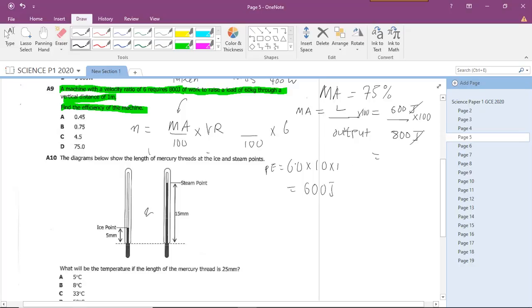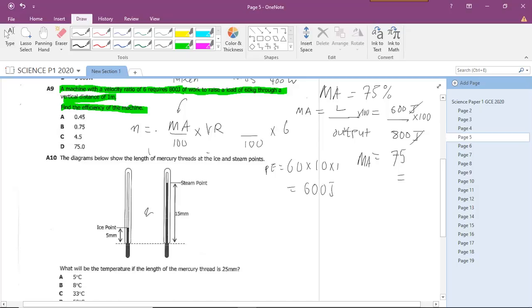Potential energy, mass times gravity times height, is 600 joules. So 600 divided by 800 multiplied by 100: 0.75 times 100 gives 75. Okay, now this is right. Our mechanical advantage is 75.